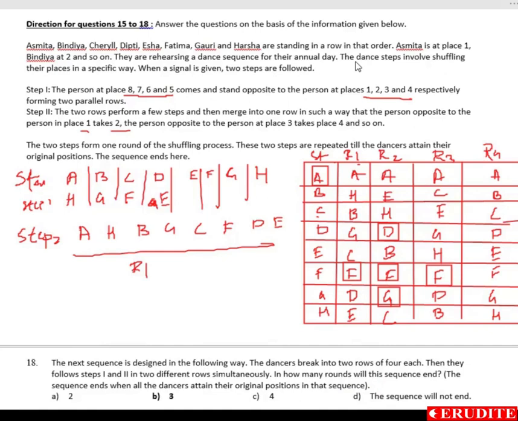In how many rounds will this sequence end? The sequence ends when all the dancers attain their original position. Two rows of 4 each. So now it will be done halfway. So basically it will be done in this way.